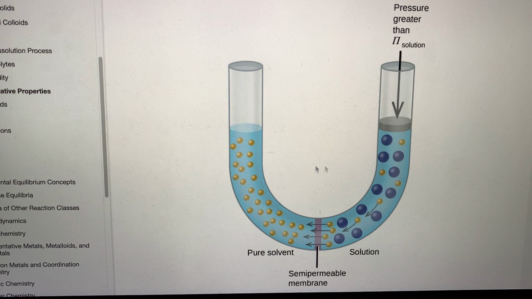So there's a difference in concentrations, therefore there's a movement. It always goes from low concentration of solute to higher concentration of solute. Now, the arrow here means that you push it back. When you apply a pressure and there's no movement, you know that pressure is the same as the osmotic pressure. It's just opposite directions.